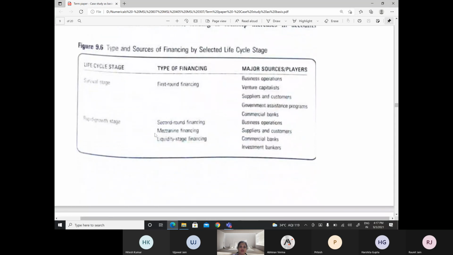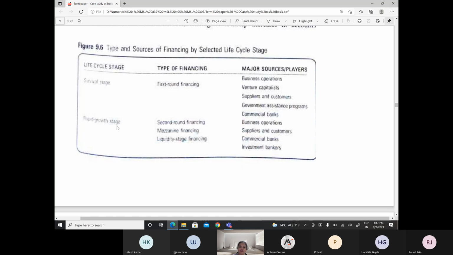and here. So in the survival stage, you get what is called the Series A funding or first round financing. Major sources of these are your own business operations, the VCs, your suppliers and your customers, government assistance programs, and commercial banks.